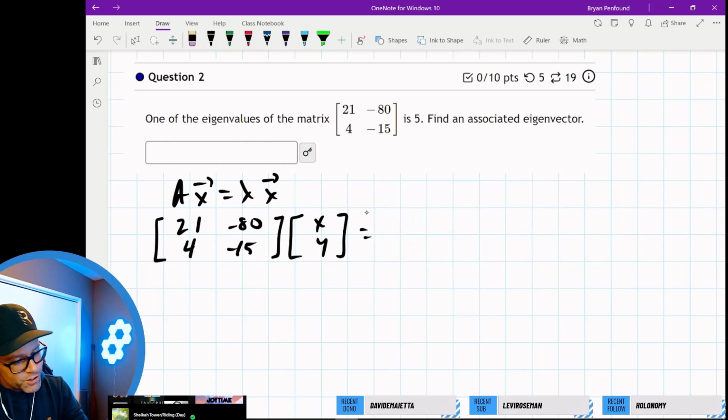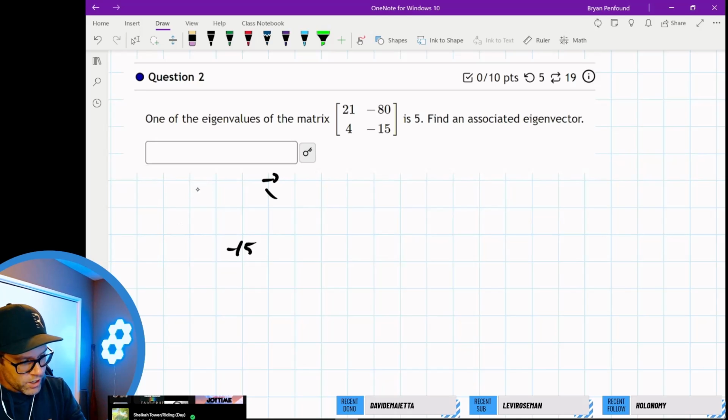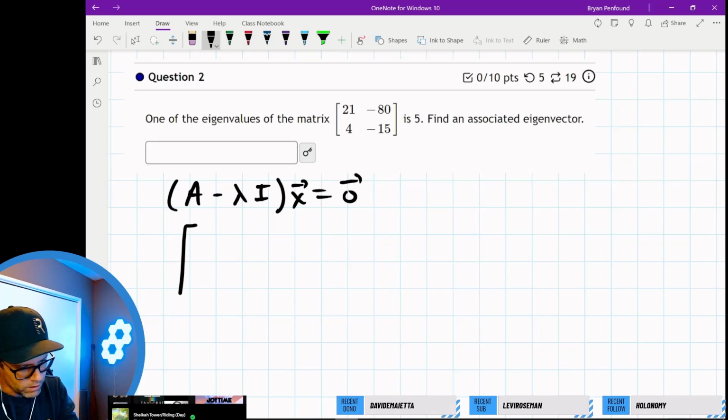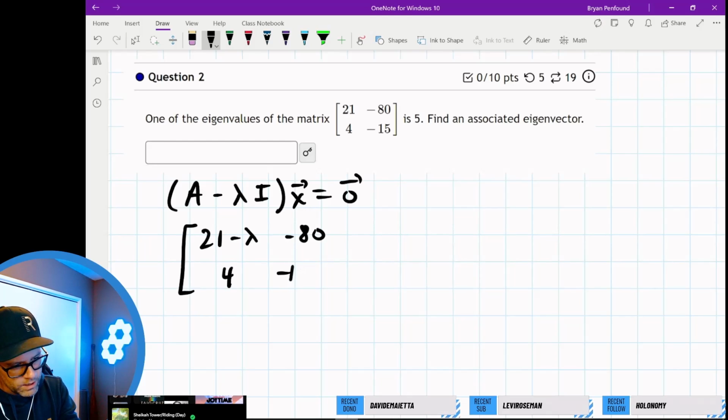It's probably easier to go back to what we had before: A minus lambda I times x equals 0, a homogeneous linear system. So our A minus lambda I would look like 21 minus lambda, negative 80, 4, and negative 15 minus lambda.